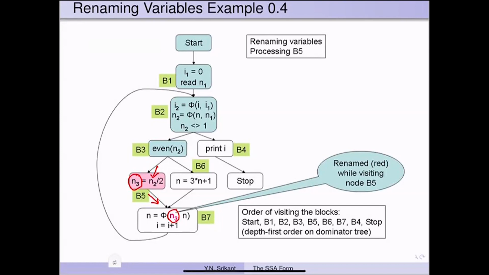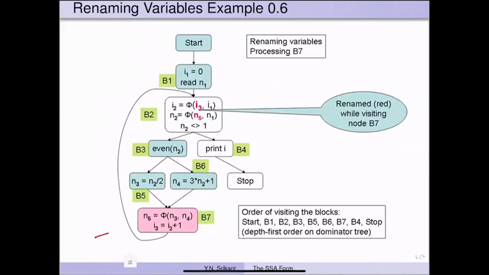Because this is the only place we know that we are arriving from B5 to B7. Next we visit B6. So this is renamed as a new variable N4. This is still the old variable N2, which is coming from here. And it is time that we rename this N4 because we know that we are arriving along this control flow edge to the block B7.